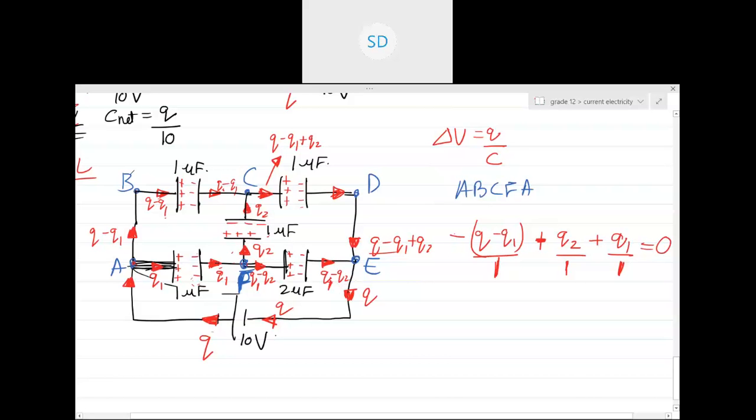So in this equation, what are we equating to 0? The sum of the voltage. Yes, exactly. We are doing the sum of the voltage only. But in the case of capacitance, delta V is basically Q by C. You remember the formula for capacitance, Q equals CV.